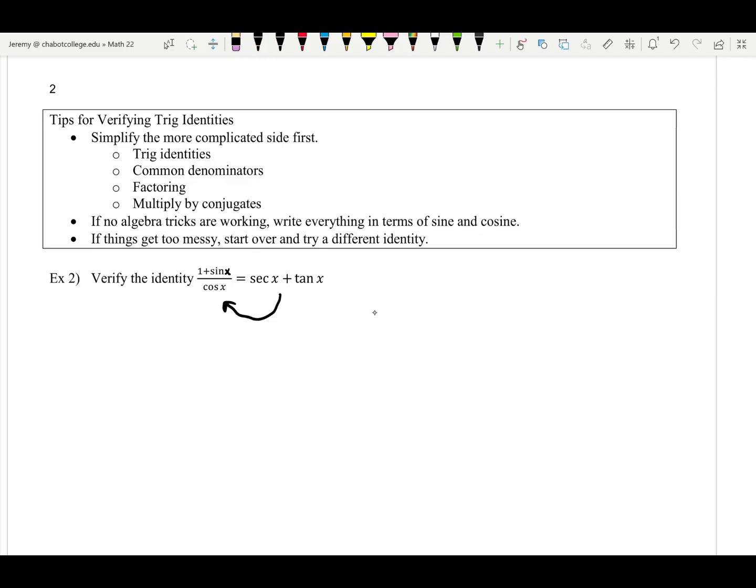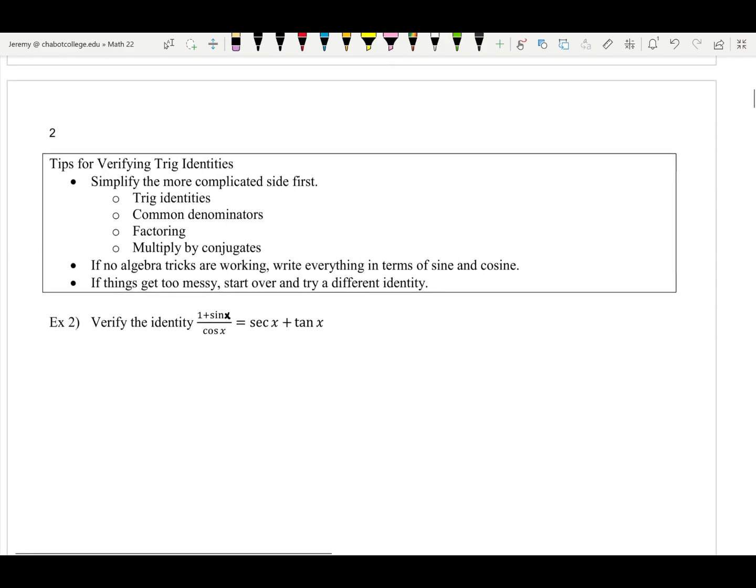If it's really complicated, sometimes we'll do some work on both sides of the identity and see if we could get them to match somewhere down the line. Okay, so some strategies that we might use: sometimes we'll start with the more complicated side. This is oftentimes a really good approach. Start with the messier side and simplify.